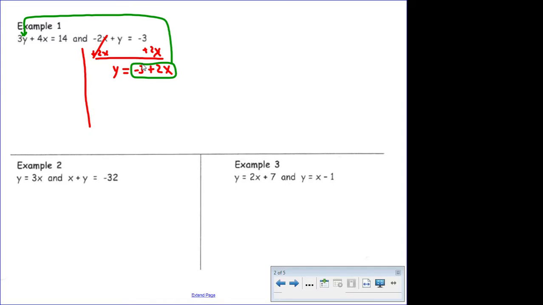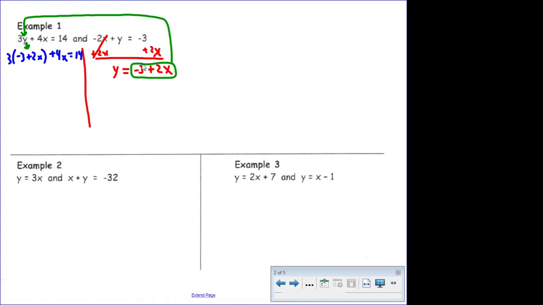Now that I know what y equals, I can replace the y with what it equals. So I'm going to rewrite the other equation, but replace the y. The other equation would now be 3 times, instead of 3 times y, 3 times that amount, -3 plus 2x, plus 4x equals 14. All I did was replace the y with what y is equal to.